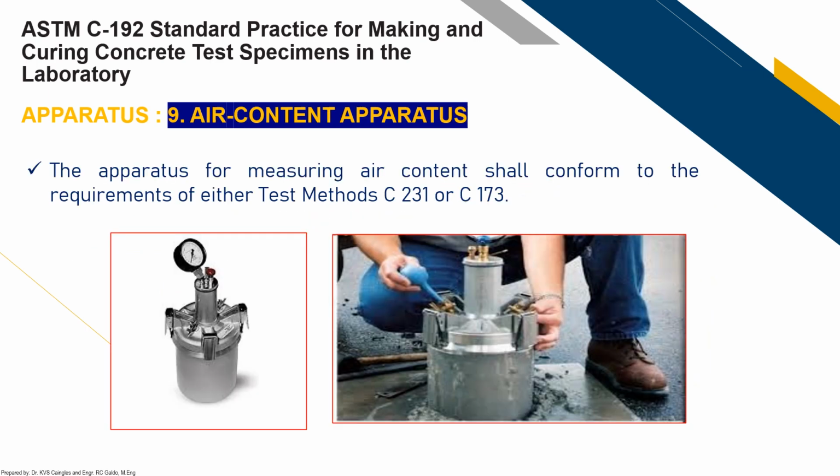Next is the air content apparatus. This apparatus is for measuring air content, and it shall conform to the requirements of test method C231 or C173, still under ASTM. So when you use this apparatus, it should conform to the specifications under C231 or C173.